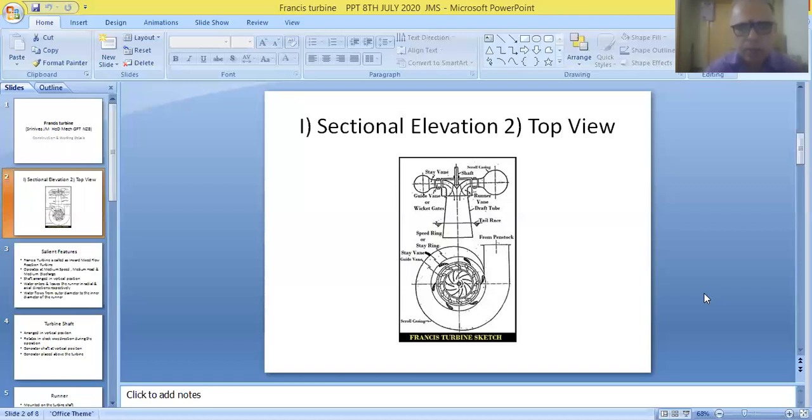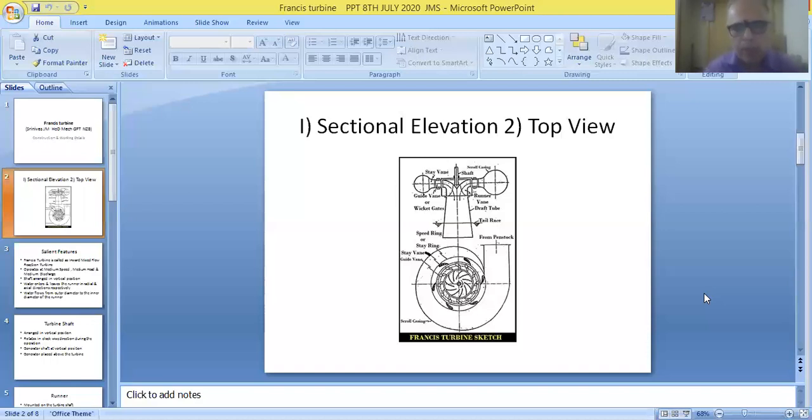When the load on the turbine decreases, the governor will be closing all the blades of the guide wheel, and when the load on the turbine increases, it will be opening all the blades of the guide wheel. So the guide wheel and guide blades put together are referred to as a guide wheel mechanism.